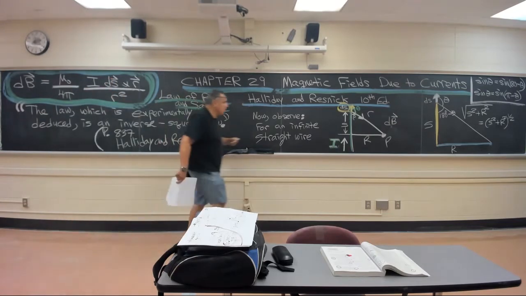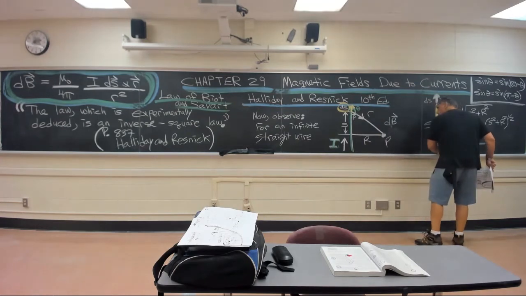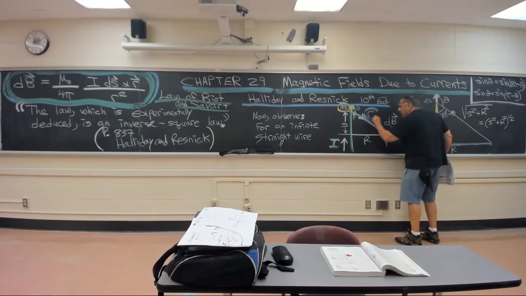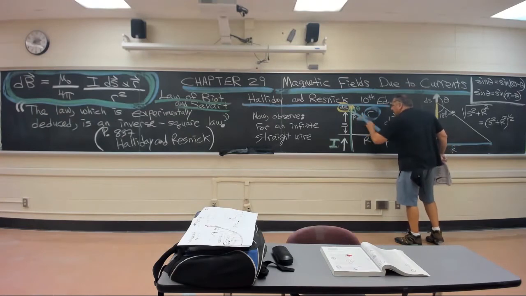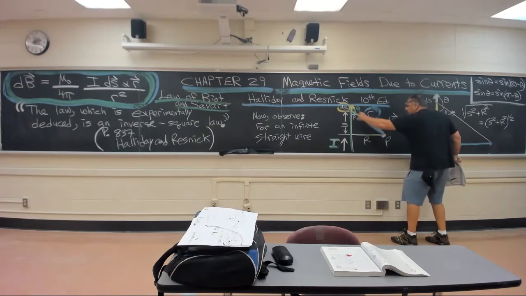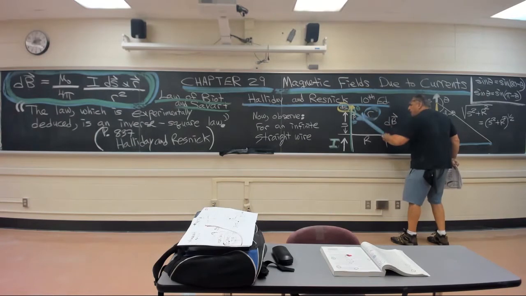R vector is this length right here. So entire going in this direction, that's R vector, its length is r, and r hat just tells you what direction it's going at. R hat is just a unit vector pointing in the direction of r vector.